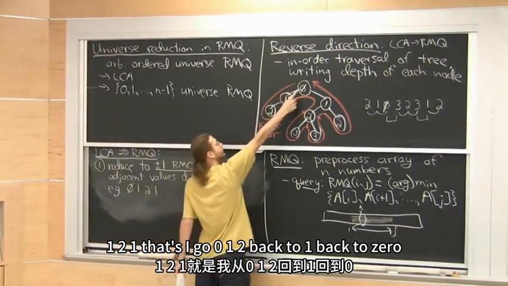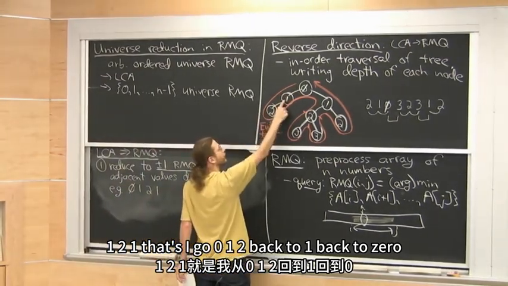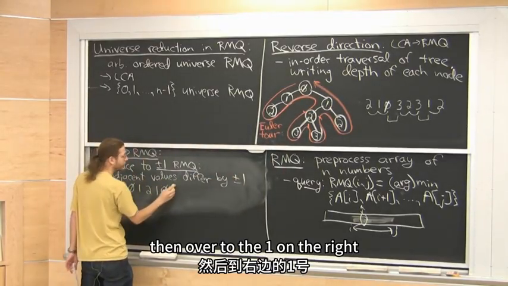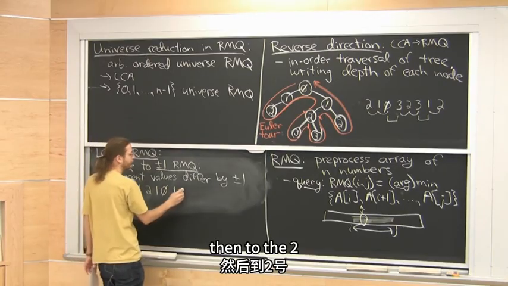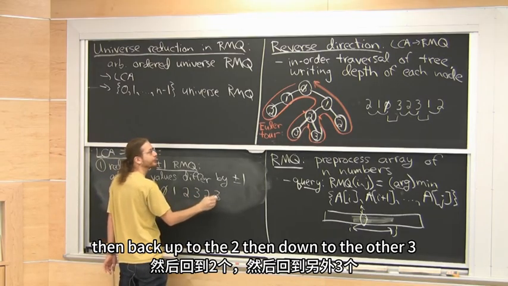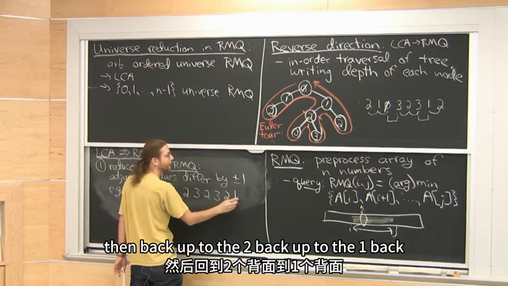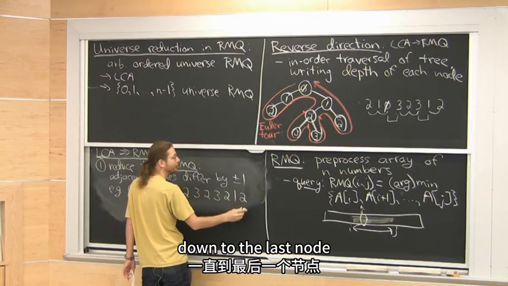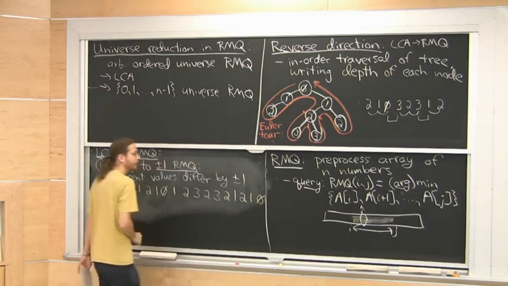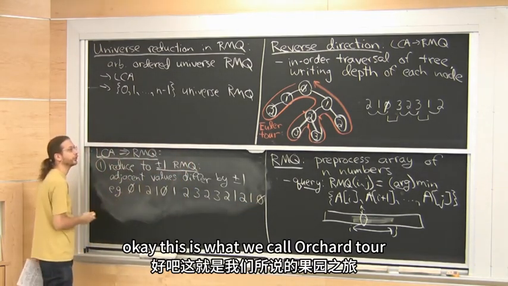That's, I go 0, 1, 2, back to 1, back to 0, then over to the 1 on the right, then to the 2, then to the 3, then back up to the 2, then down to the other 3, then back up to the 2, back up to the 1, back down to the last node on the right, then back up and back up. Okay, this is what we call the Euler tour.